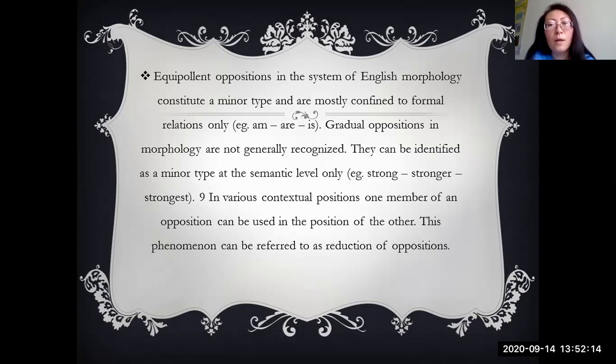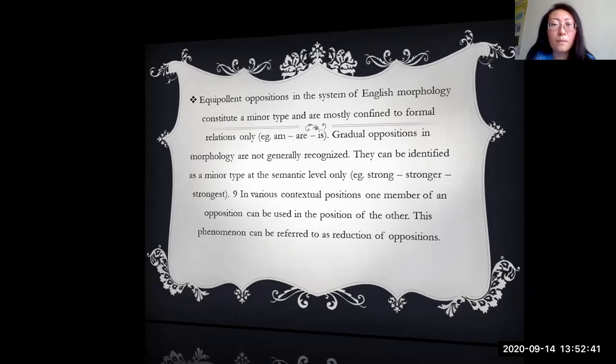They can be identified as a minor type at the semantic level only. Example: strong, stronger, strongest. In various contextual positions, one member of an opposition can be used in the position of the other. This phenomenon can be referred to as reduction of oppositions.